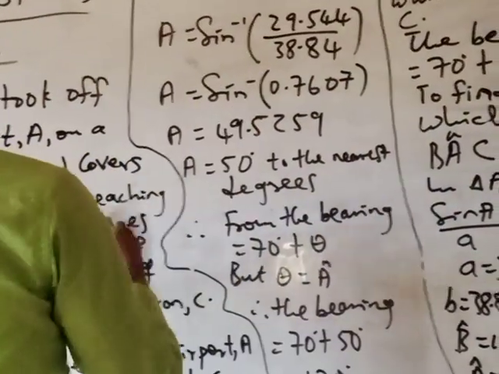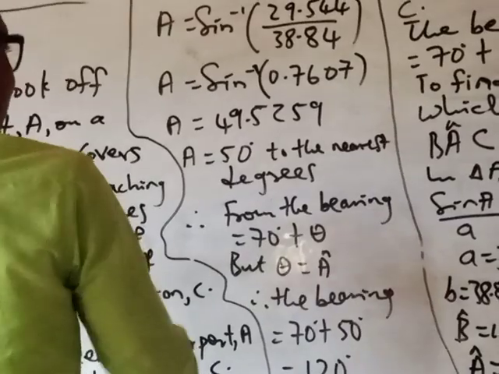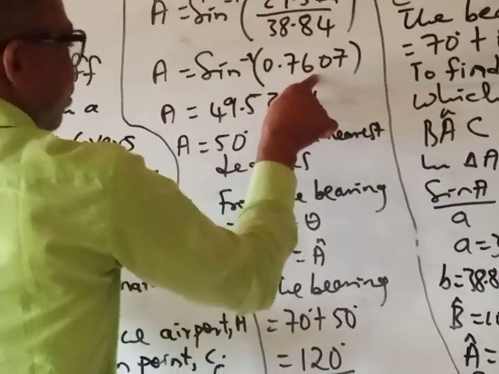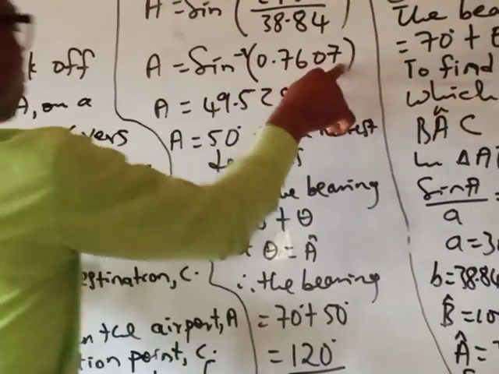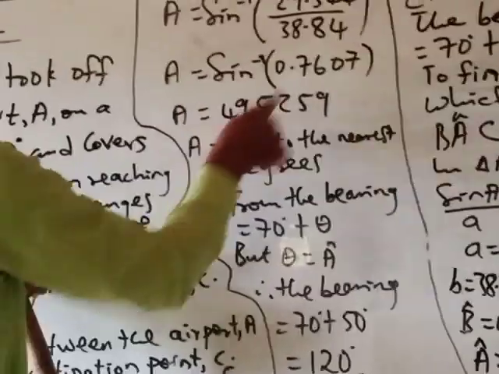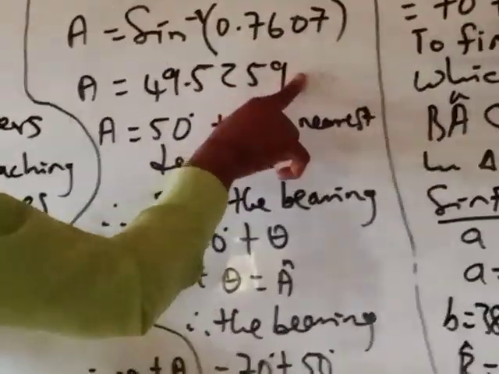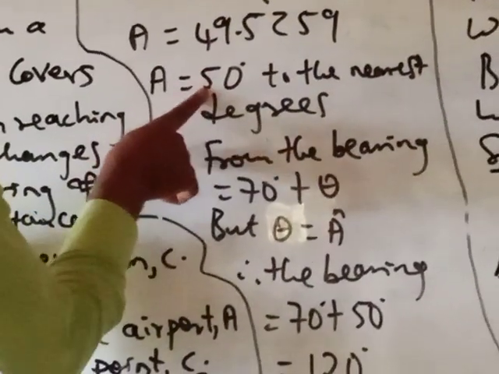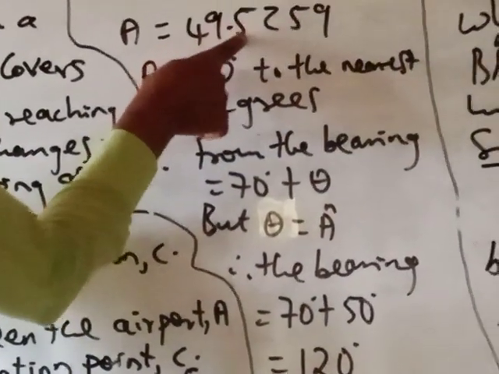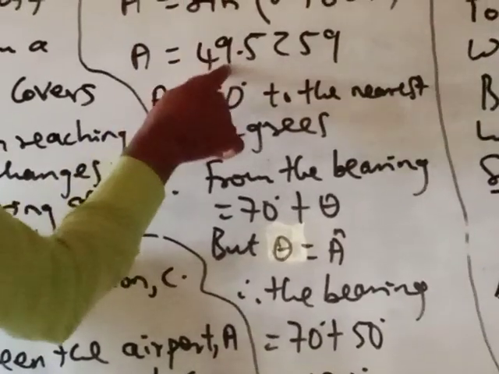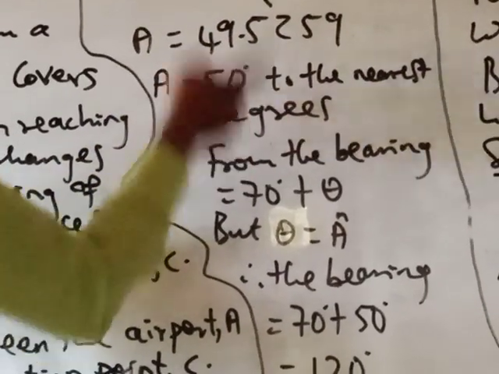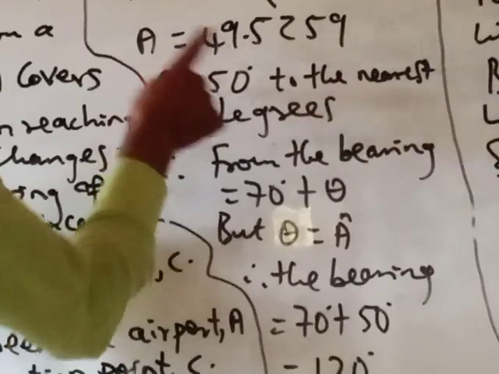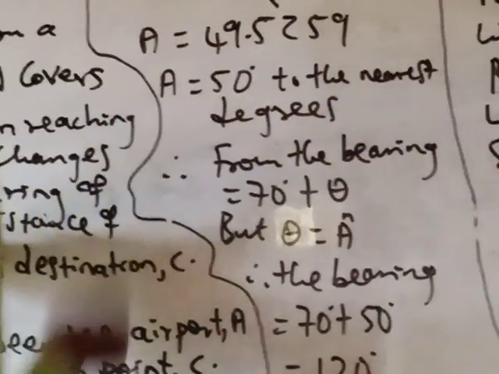Then sine inverse of 0.7607 will give us 49.5259. Rounding to the nearest degree, we have 50 degrees.